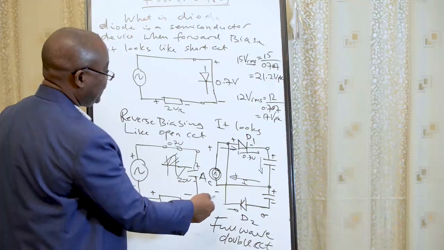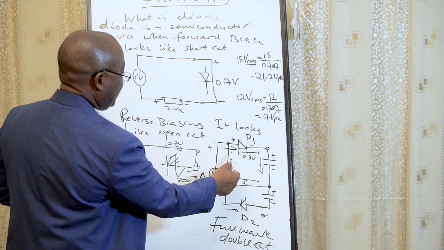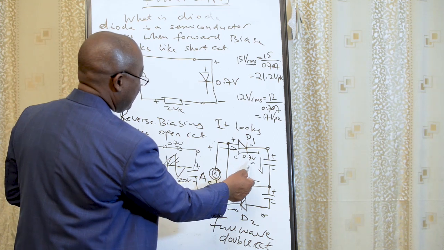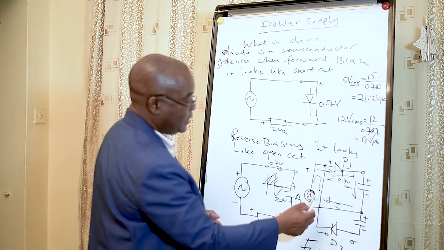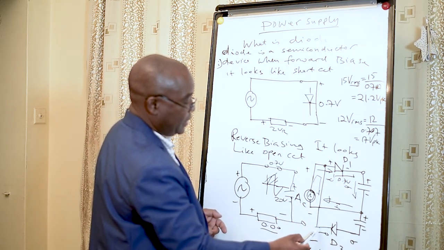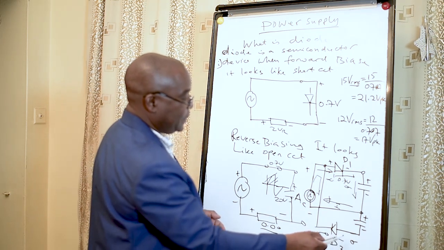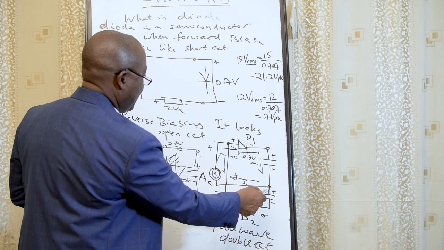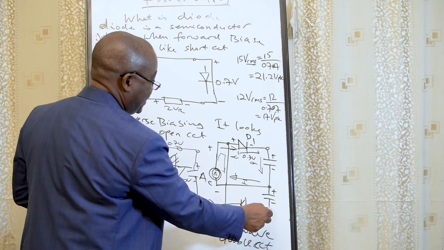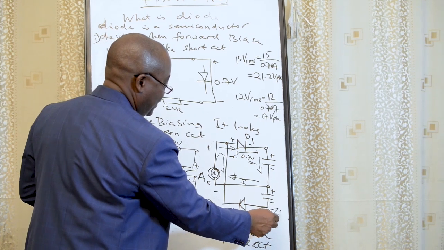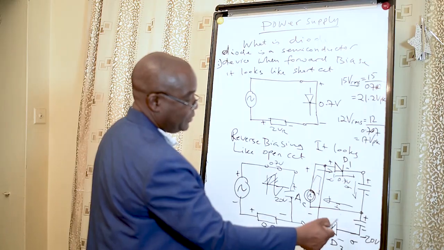If this opens, here will be open circuit, then our current will flow this way, come this direction, and here will be short circuit, and then we come back again. So the capacitor will be charged in the negative. Let's say we have 20 volts here, but in negative, because we have negative here.